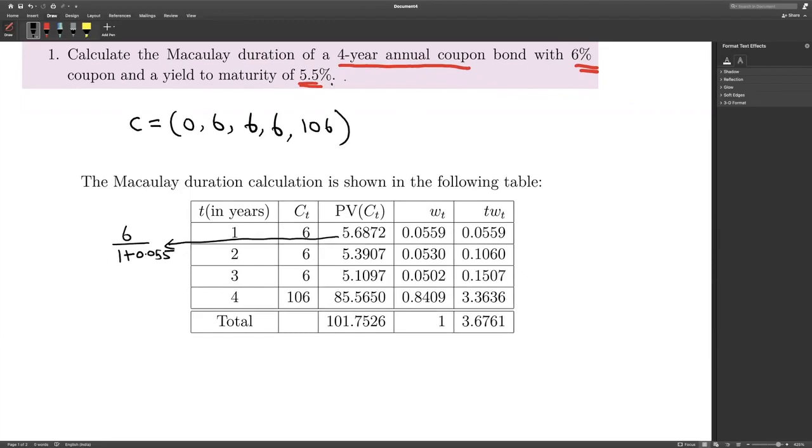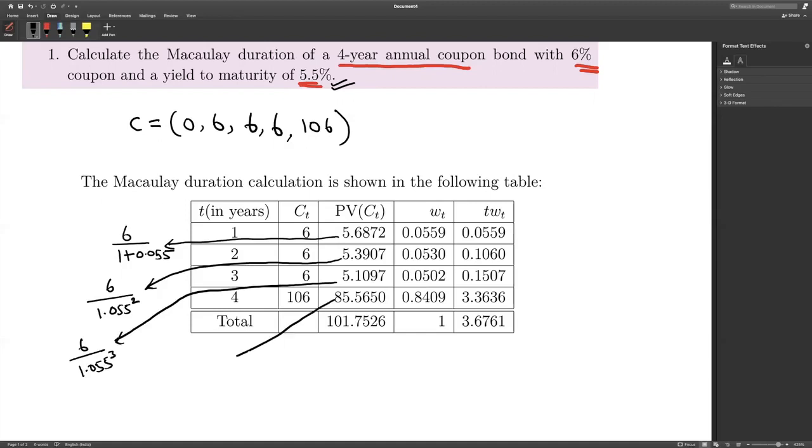Because yield is given as 5.5%. That gives us 5.6872. Similarly, the second one is given by 6 by 1.055 the whole square, the third one by 6 by 1.055 the whole cube, and the last one by 106 by 1.055 the whole power 4.